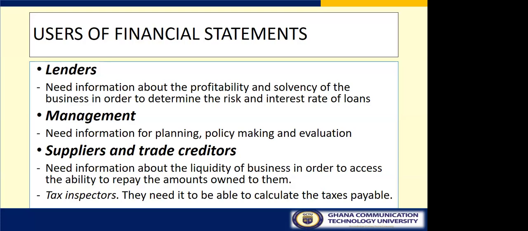This is Richard. I want to say that shareholders are investors because if the business makes profits, they get the dividend. And the lenders, whether or not the business makes profit, you have to pay them plus the interest.